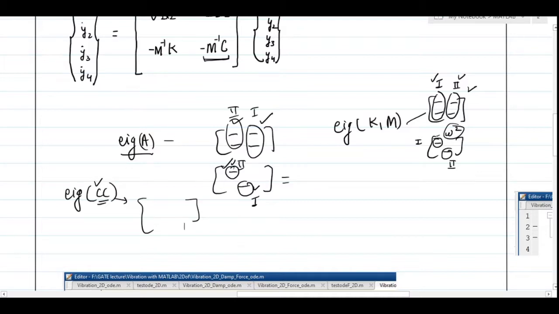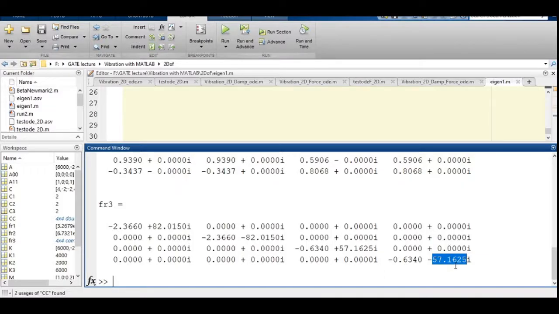That means if I am getting an output of 57.16, it is my natural frequency in radians per second. So to get the frequency in hertz, I have to simply divide it by 2 pi. So 57.16, whether I take it from here or here, it gives me the natural frequency, and this is the real part, which is indicating the decay, and it is the effect of the damping. And you can see here it is negative.